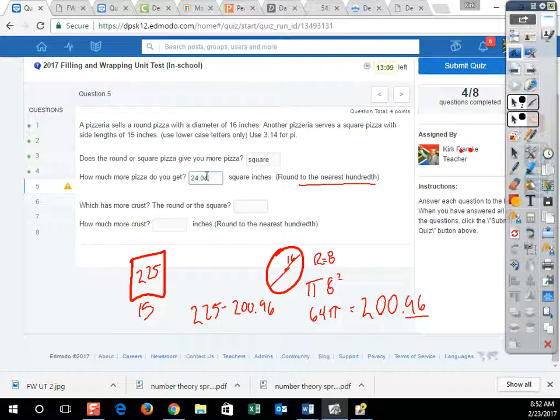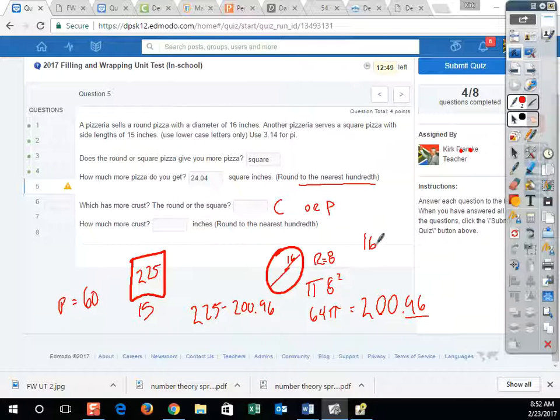All right. Which has more crust? Well, so this is actually asking for circumference or perimeter. So 15 times 4 is 60. So this one has 60. Over here we have 16 times pi, which is not even close to 60. 50.24.